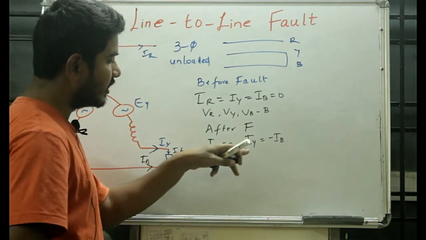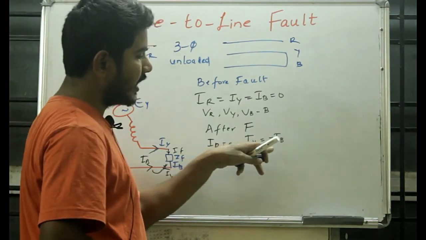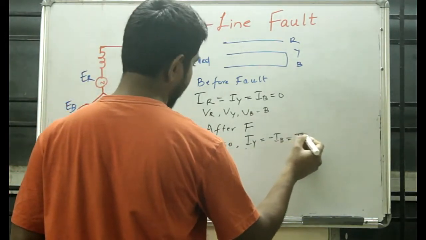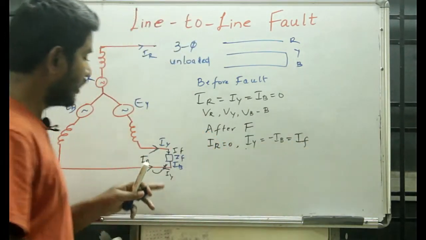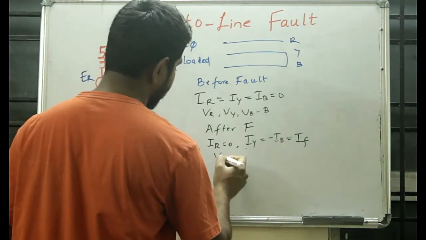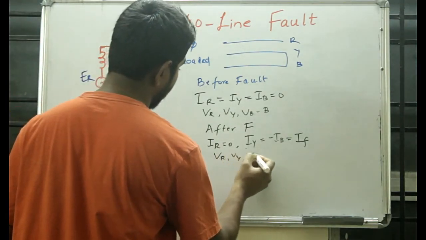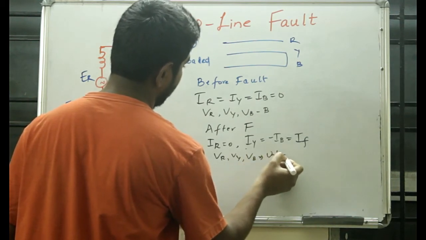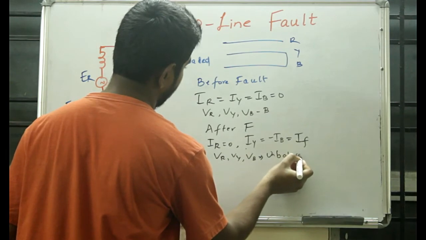That is why we have written IY equal to minus IB, and this IY is nothing but the fault current IF. Again, the voltages VR, VY, VB get unbalanced after the fault.